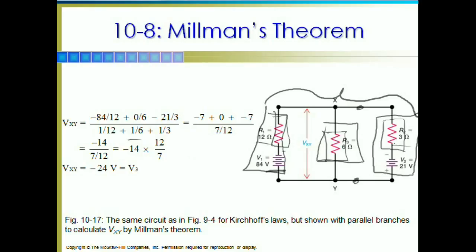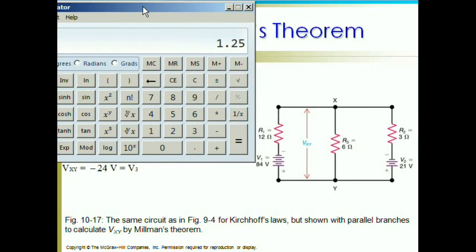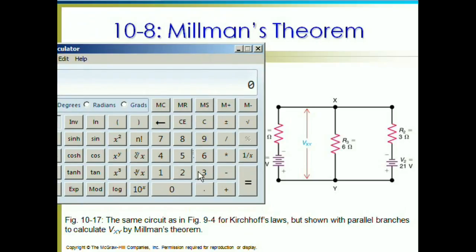Now, instead of doing fractional notation there, I'm going to bring up my calculator. So let's bring the calculator back up. And we're going to first take the current. 84 divided by 12 equals, give that a negative, plus 21 divided by 3, I'll just call that 7.